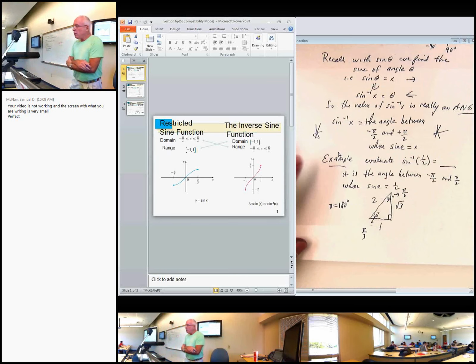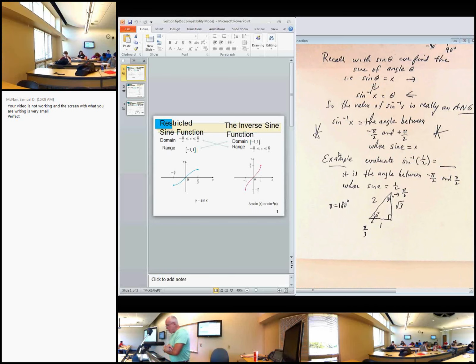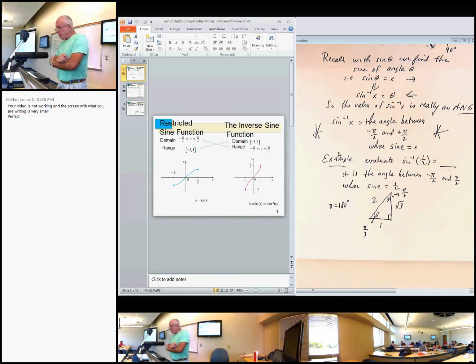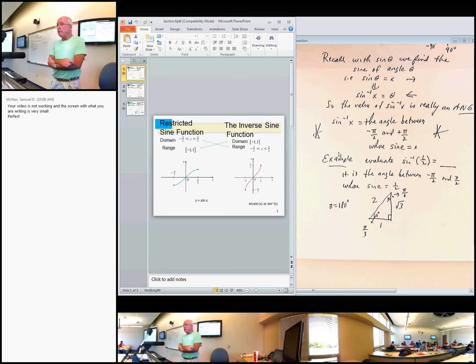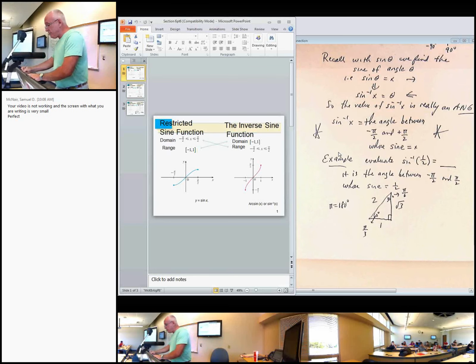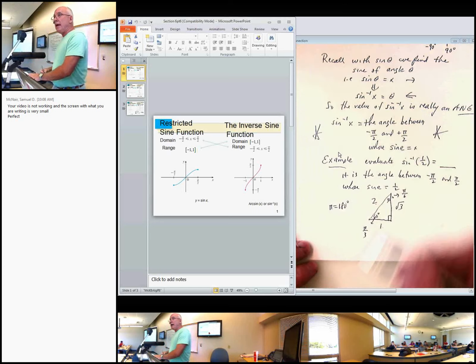All right, so let's look at this triangle and figure out which of those angles has a sine equal to 1/2. Sine is opposite over hypotenuse. Any ideas? Pi over 6, the 30-degree angle, its sine is the opposite over the hypotenuse, it's 1/2.